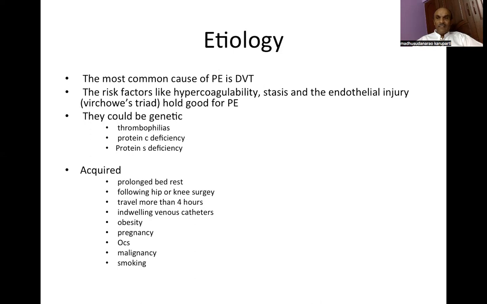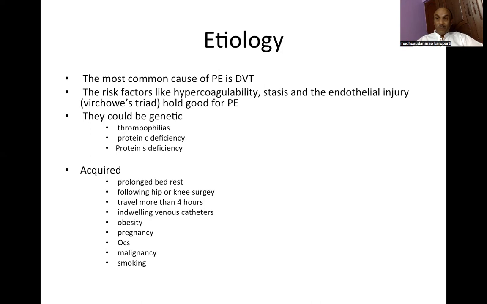Well, acquired conditions are plenty. Prolonged bed rest, following orthopedic surgery, hip surgery, or knee surgery. Travel for more than 4 hours, either by air, bus, or car. Bed rest more than 3 days following the surgery. Indwelling venous catheters, obesity, pregnancy, consumption of oral contraceptives.